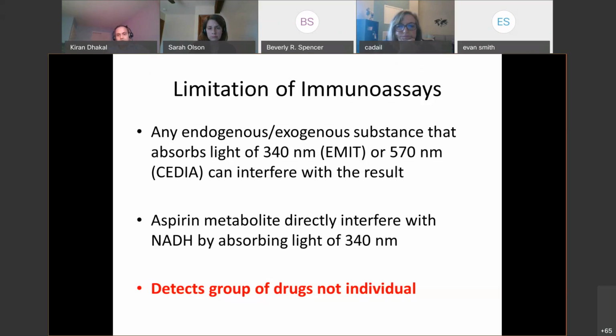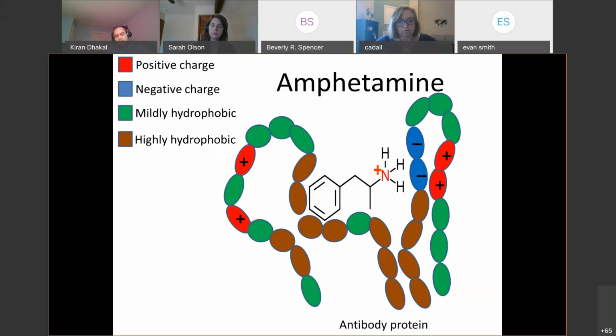And the most important is that it gives a positive result for a group of drugs. It detects a certain chemical structure, and based on that, it will give a positive result for all the similar structures. To describe a little bit about how it is not specific, I have an example of amphetamine. In the amphetamine immunoassay, you have an antibody protein.